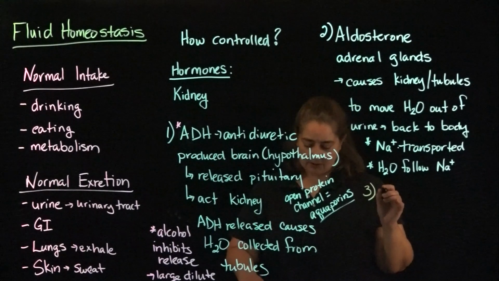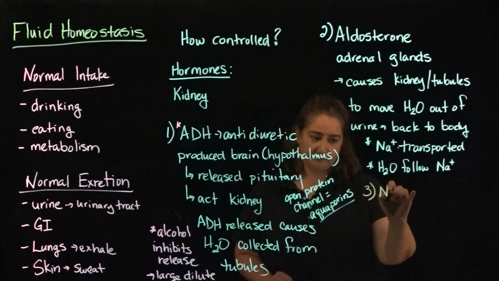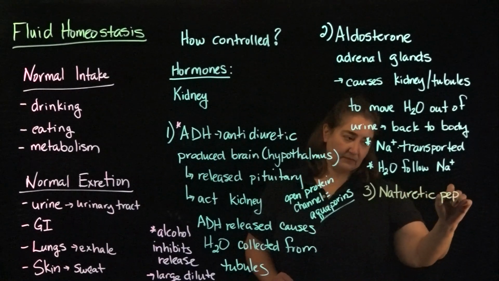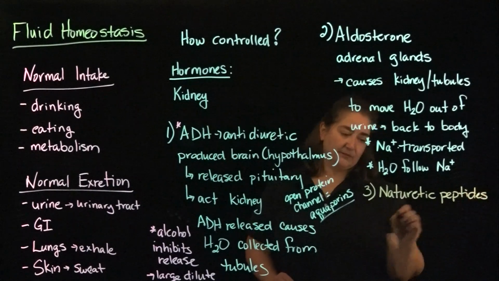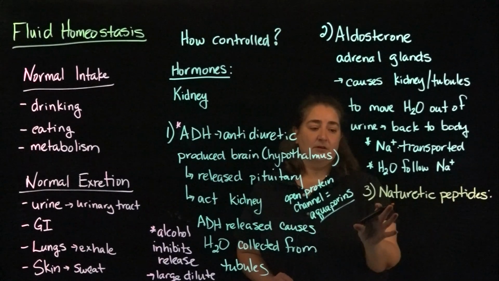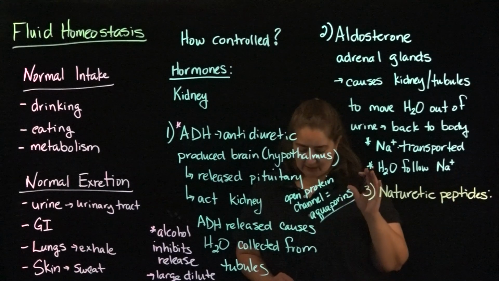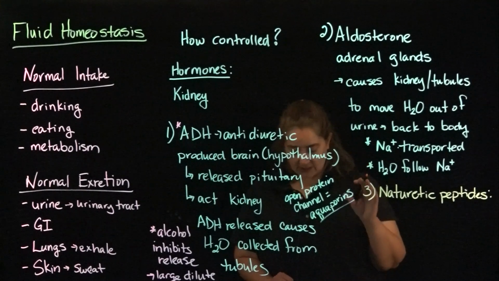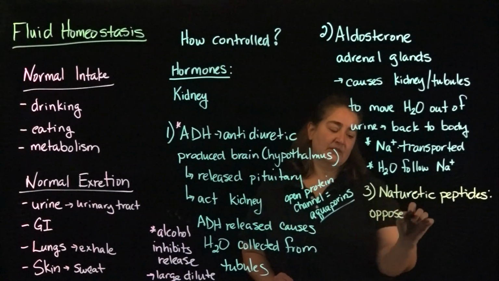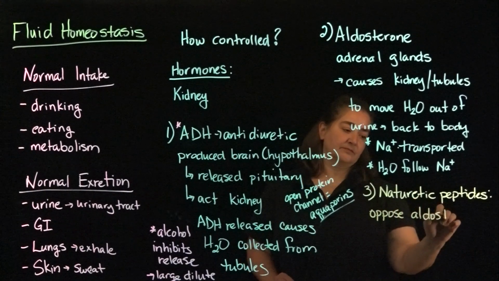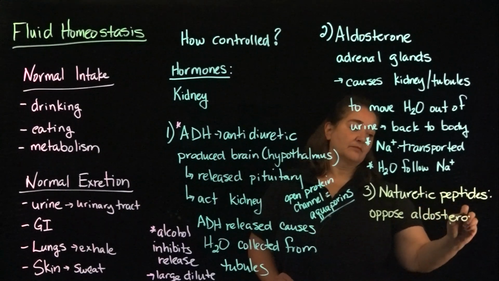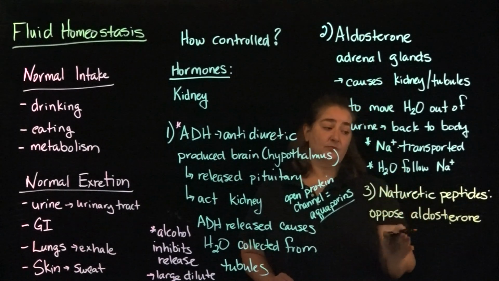The last one I'm going to talk about is natriuretic peptides. I put them in a slightly different color because the way the natriuretic peptides work, they oppose aldosterone function.